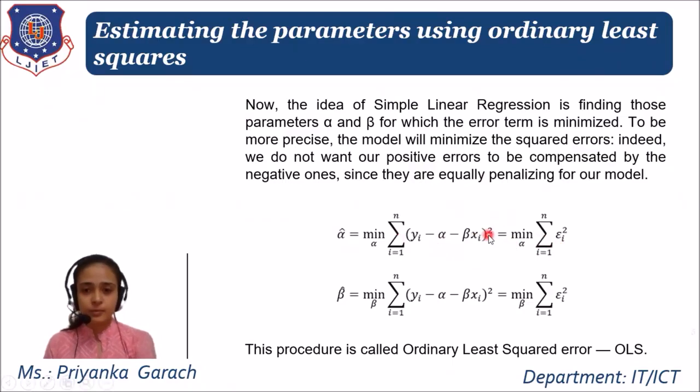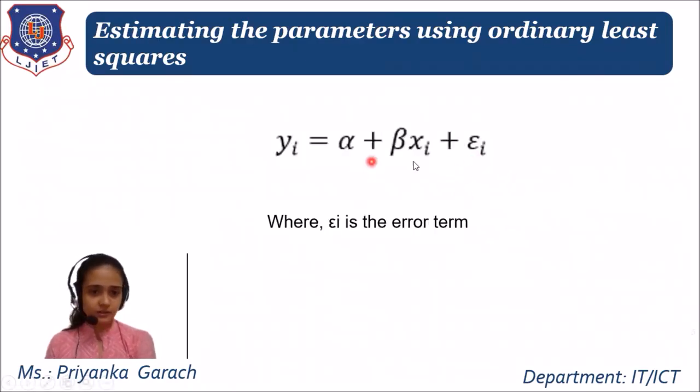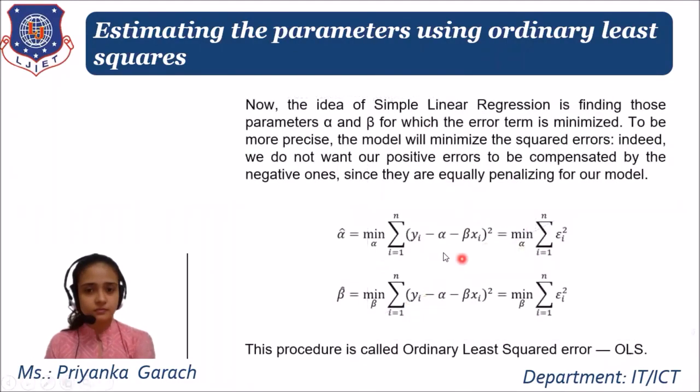In the previous equation, if you make this error term the subject, then you will get y minus alpha minus beta xi. It is written over here, y minus alpha minus beta xi. So it is the square of the error, and I am doing the square and summation of all the squares.